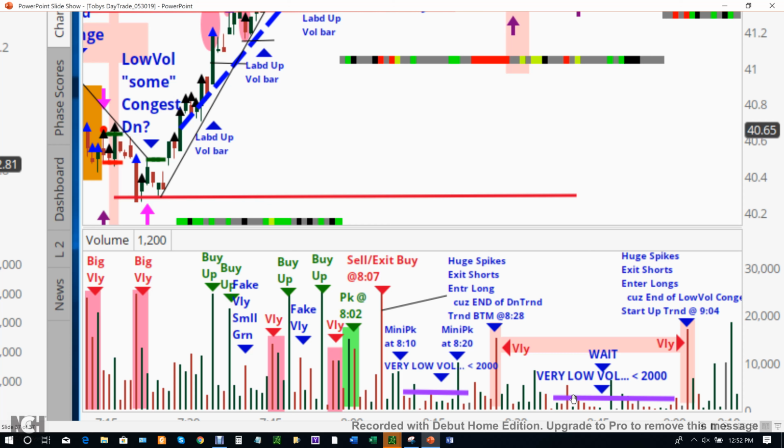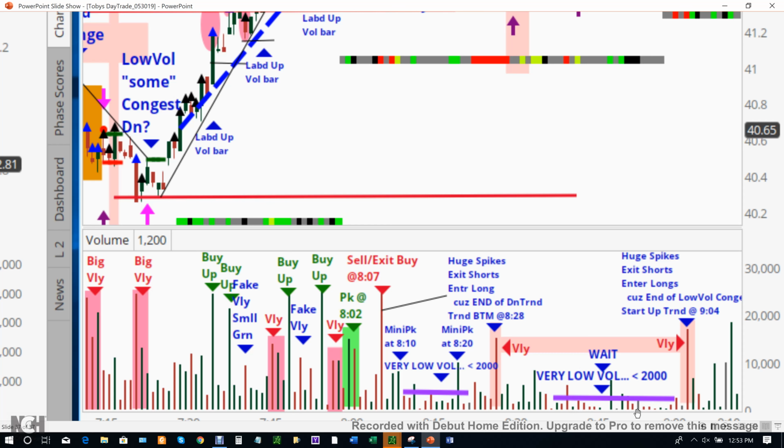One reason is uncertainty. They're not sure whether to enter or exit. So when you see very low volume, you should plain old wait. So how do you define low volume? To some extent, it's relative. You can see the size of these little dudes here. They're very small, right?